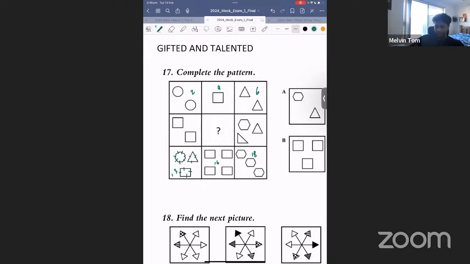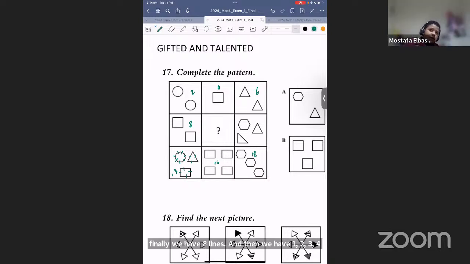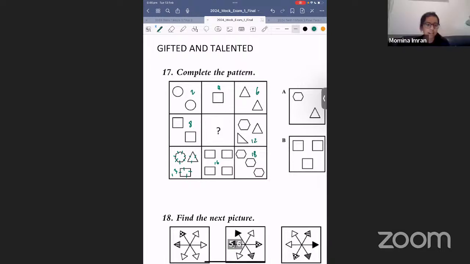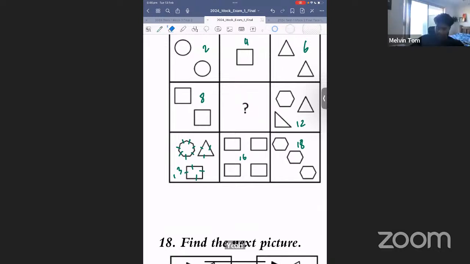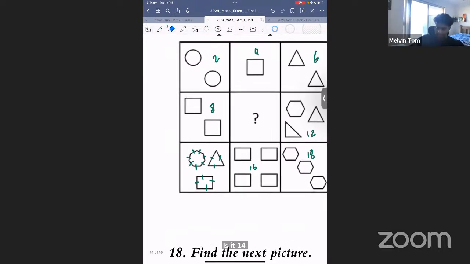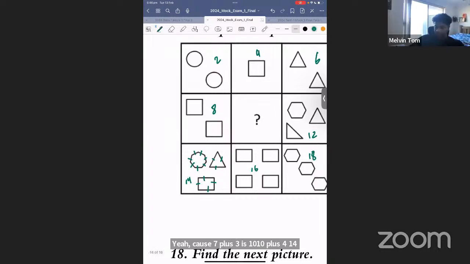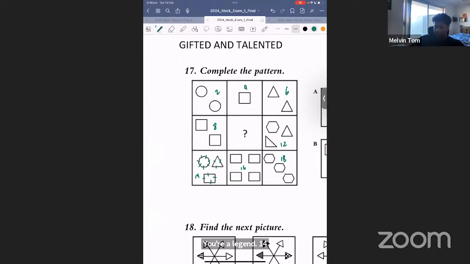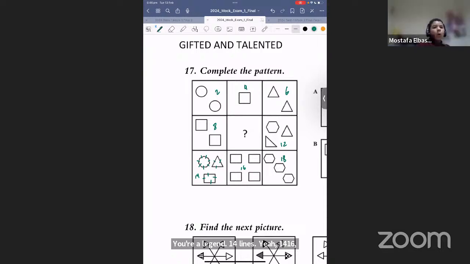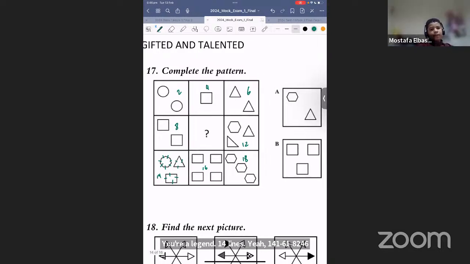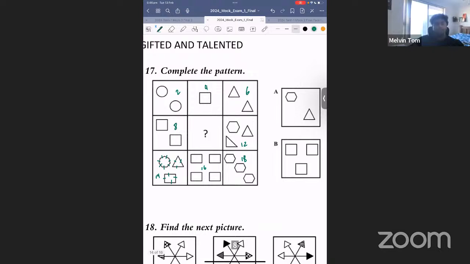And then finally we have 8 lines, and then the one with the septagon. Isn't that 14? Yeah, because 7 plus 3 is 10, 10 plus 4 is 14. You're a legend. 14 lines. So 14, 16, 18, and 2, 4, 6, 8, 10, 12. Okay, let me just write that down. There you go.